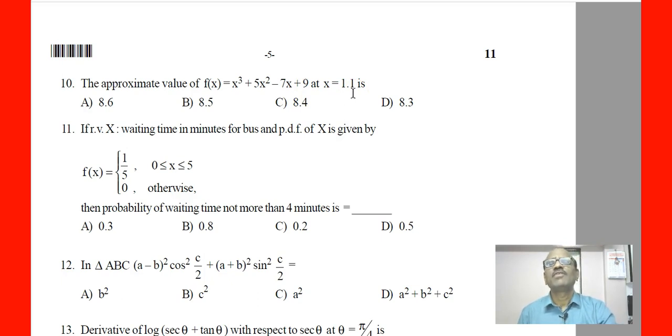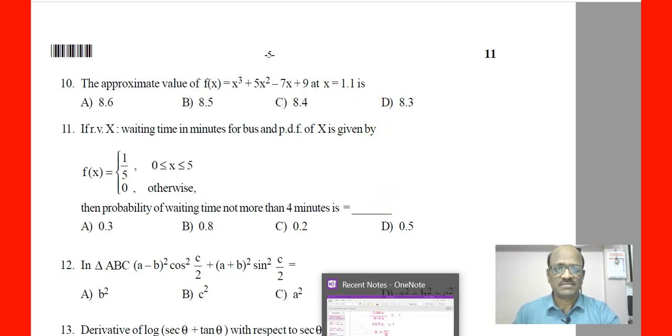What is the formula? f of a plus h is approximately equal to f of a plus h into f dash of a. Here the value of a is 1 and the value of h is 0.1. First of all, find the value of f of 1, then find the differentiation, and substitute the value again, then you will get the answer. But overall, you have to make the calculation very fast.